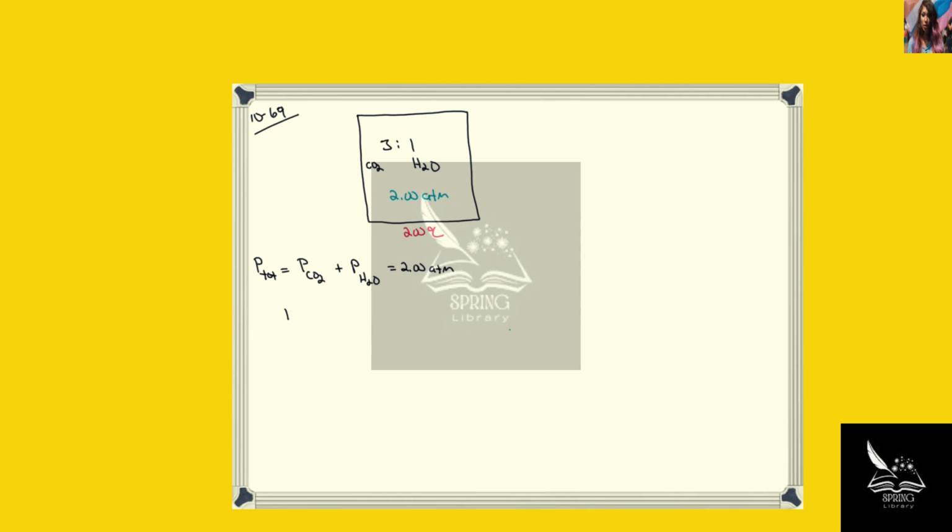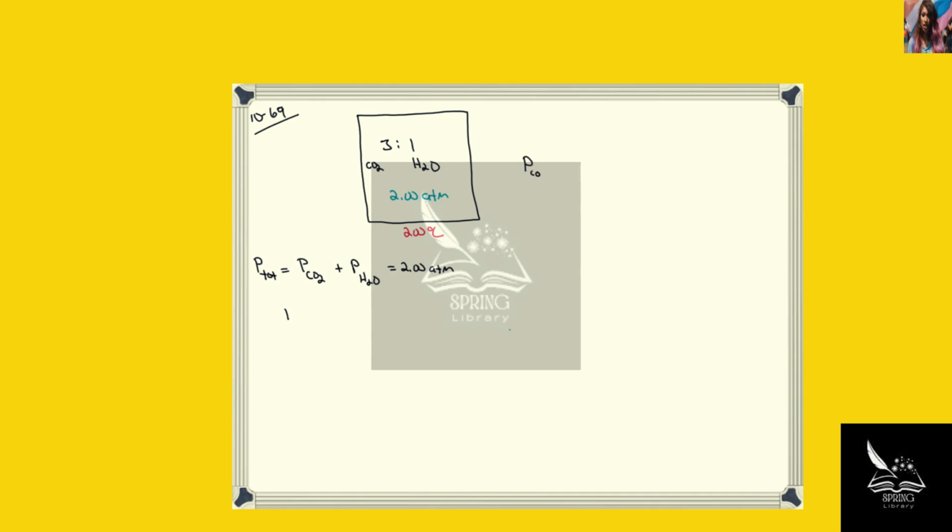We also know that the mole ratio is 3 moles carbon dioxide for every 1 mole water. Assuming both of these behave ideally, the ratio of pressures is equal to the ratio of moles. Using the ideal gas law, you can prove this to yourself.